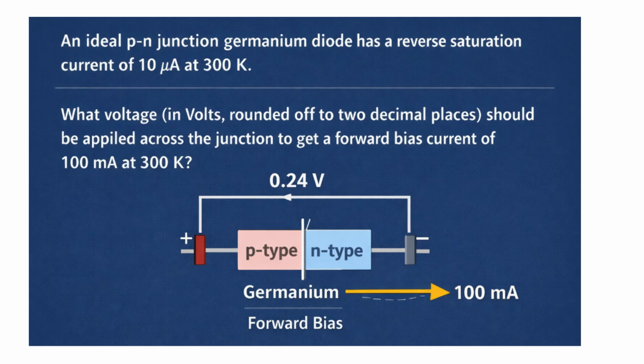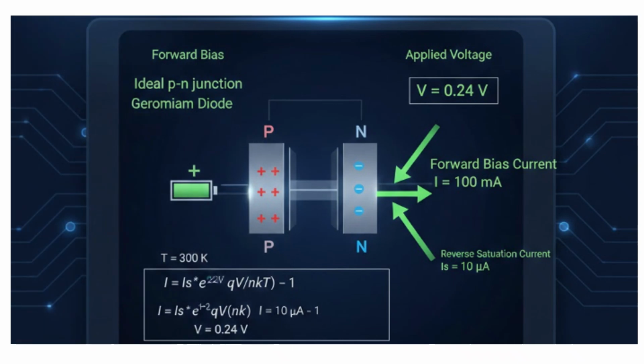In another manner, here is your germanium diode, and you have to find how much forward current will flow. The reverse saturation current is given as 10 microampere. Here is the equation: I equals I naught e to the power V by eta Vt, minus 1.